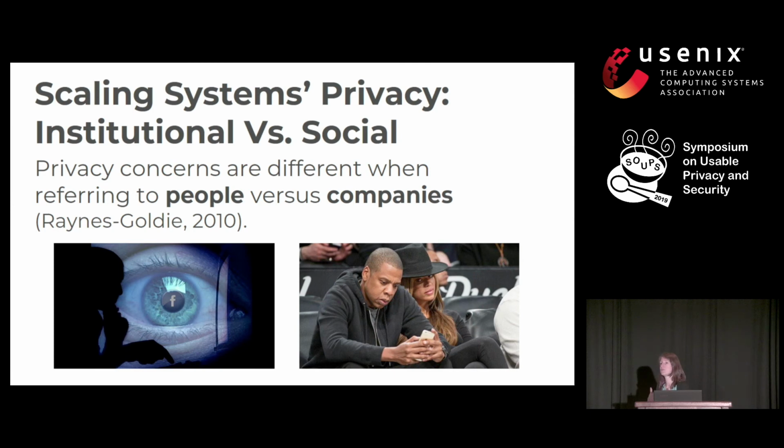So when we came to develop our scale, we looked at two types of privacy literature. We looked at privacy scales and popular privacy constructs, for example, privacy control and privacy risk, and we also took into account the difference between institutional and social privacy concern.